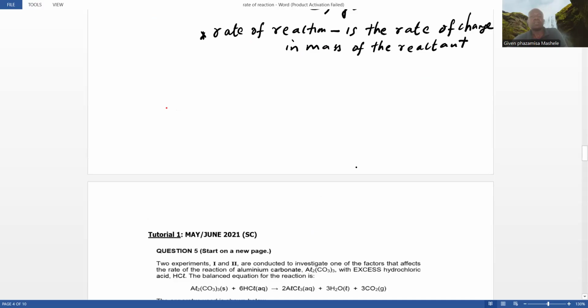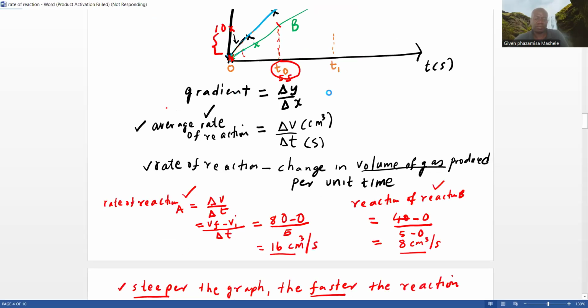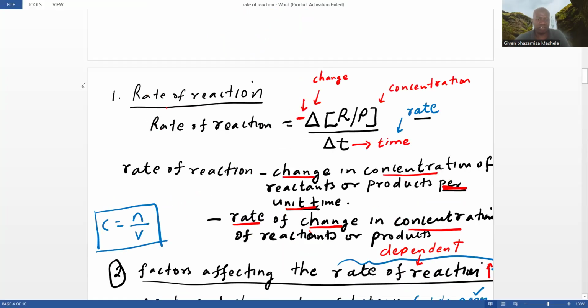Now, let me erase some of this, because we already defined what the rate of reaction is. And let me just create a space here so that we can start with other things. I believe you are following.